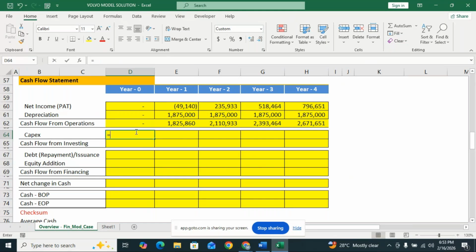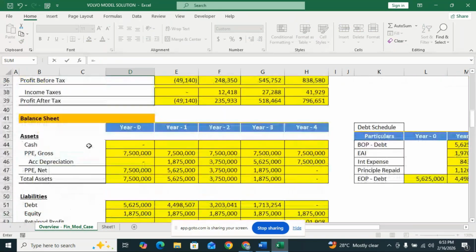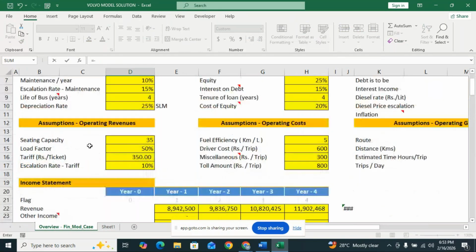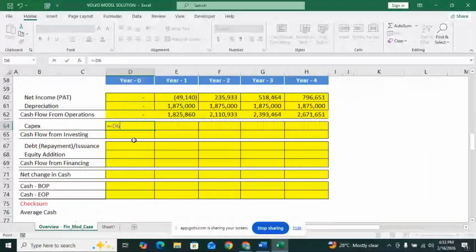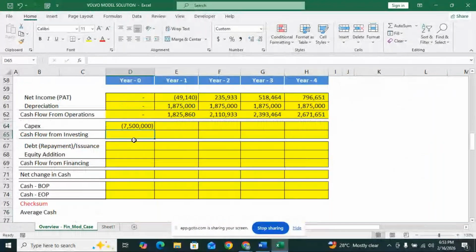So what you're supposed to do is equals to minus D6. What is D6? Nothing but the cost of the bus. That's all. And then for the rest of the years, it will be just zero. We're not investing every year, as I've told you.